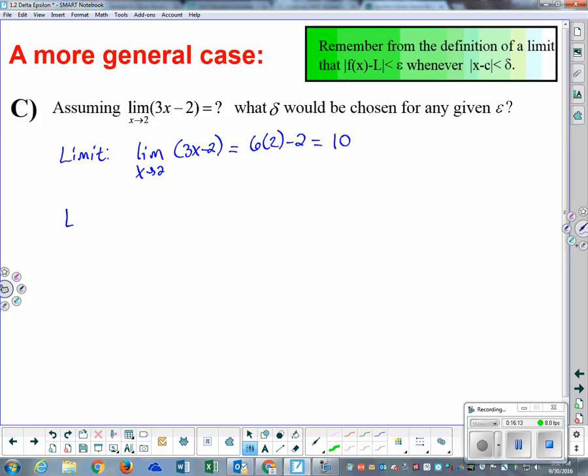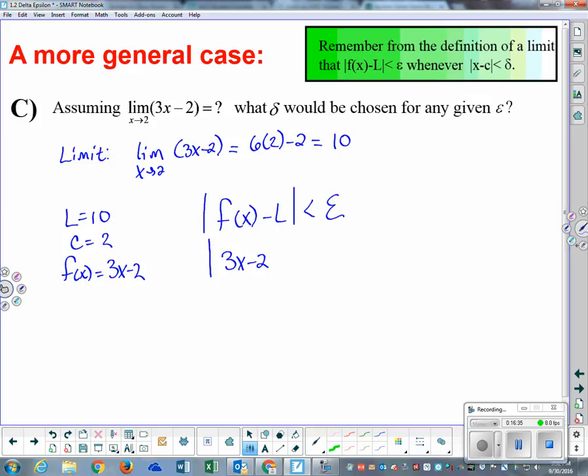My L value is 10, my C value is 2, my function is 3x minus 2. And with those things identified, I can write my epsilon statement that the absolute value of f of x minus L is less than epsilon. My f of x is 3x minus 2. My L is 10, which is the limit, is less than epsilon.